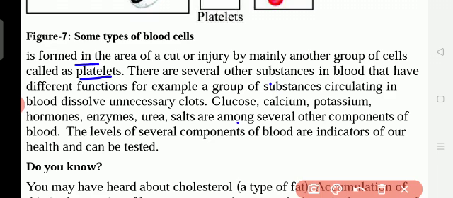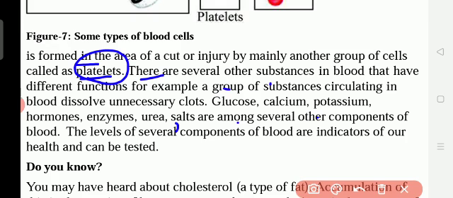Is all the blood we have coming outside? No, it is not. So what is saving us? Platelets. When we have a cut, immediately some blood will go. After that it will clot. Clotting means the liquid blood turns into solid blood, so that blood will not come outside. That is the platelets.